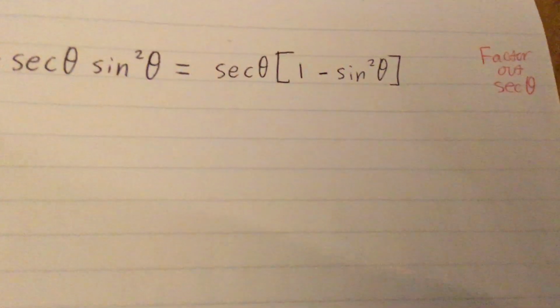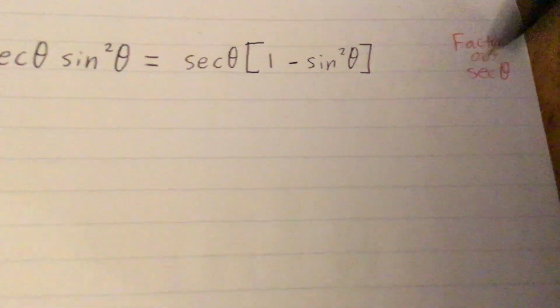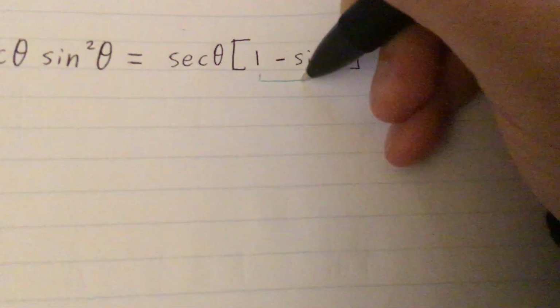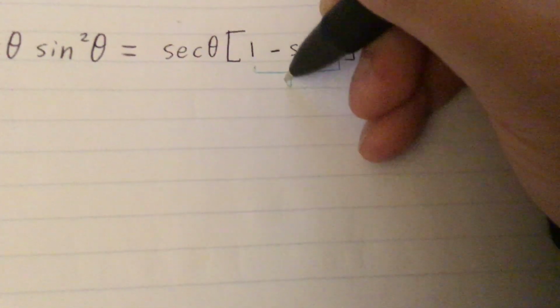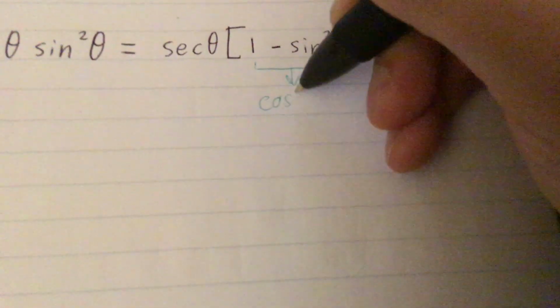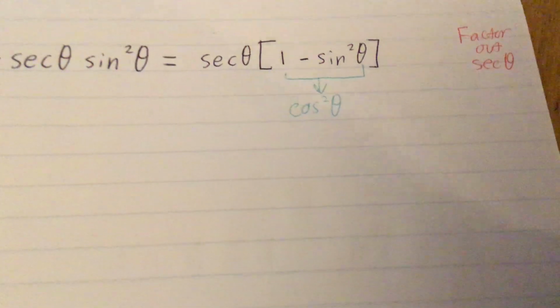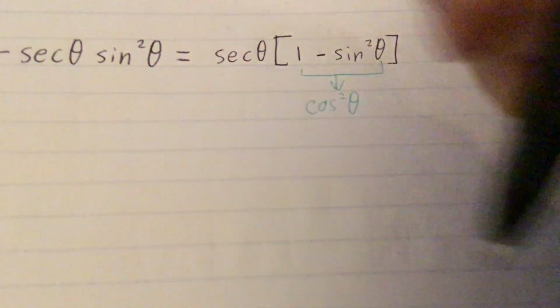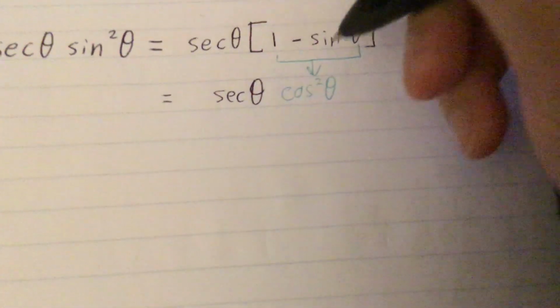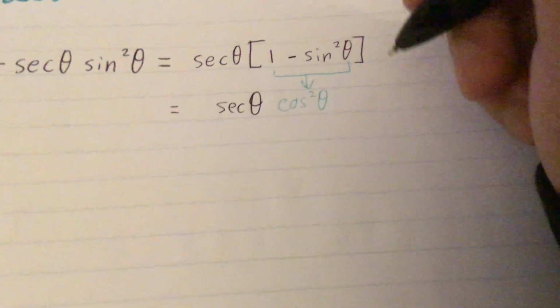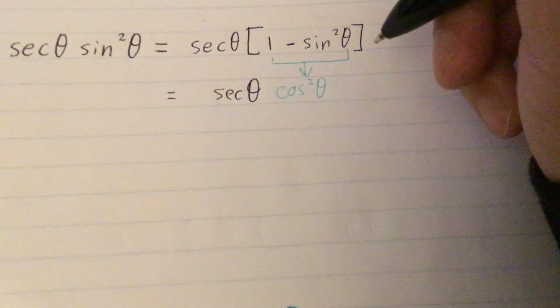Cosine squared of theta. 1 minus sine squared of theta is equal, let me get my green, to cosine squared of theta. So now I've got secant of theta times cosine squared of theta. Okay, can I do anything else?